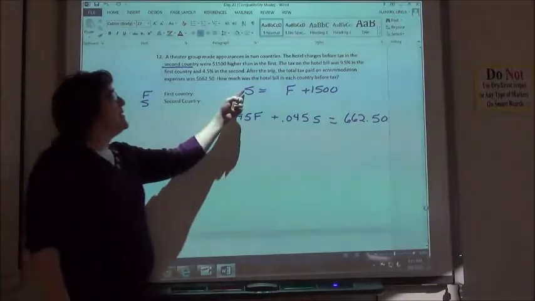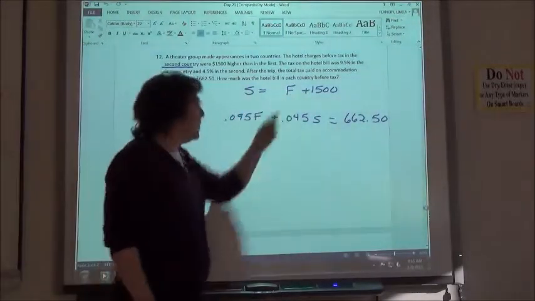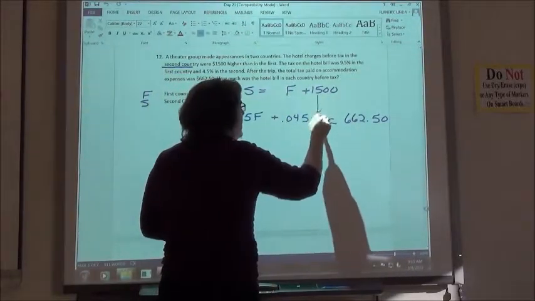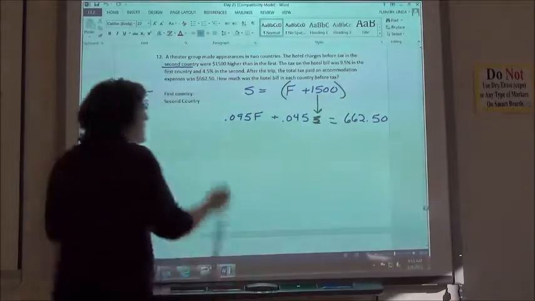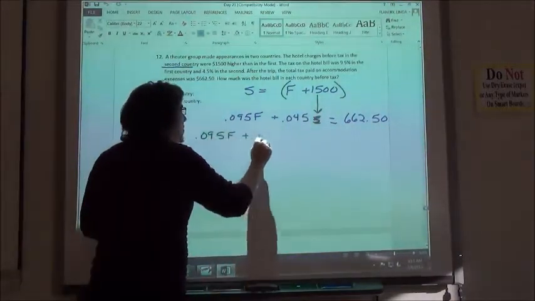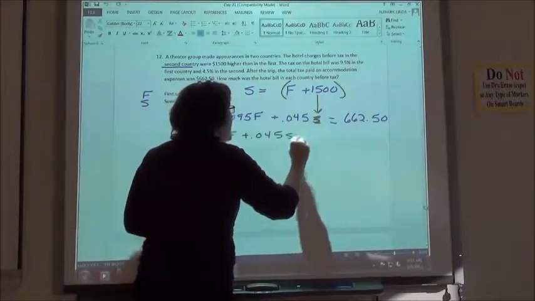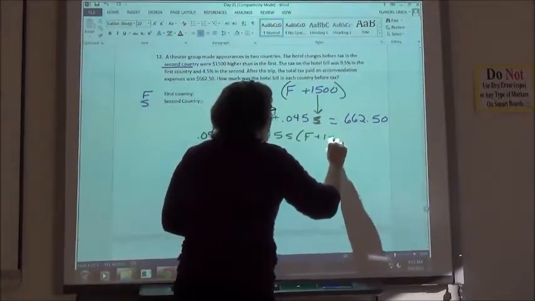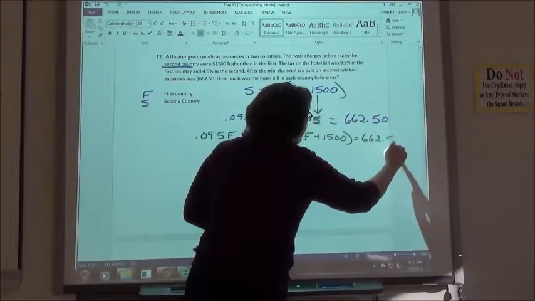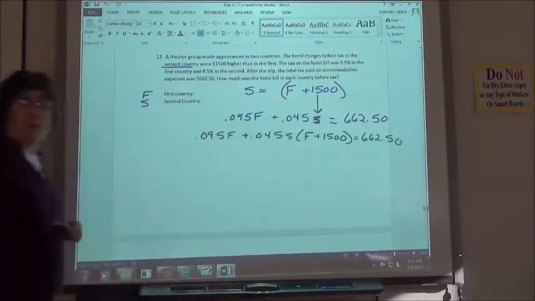I'm going to replace the S with the F plus 1,500. So I'm going to get rid of this and put that in its spot. I'm going to have 0.095F plus 0.045 times (F plus 1,500) equals $662.50, so that I have the same variable in my equation.